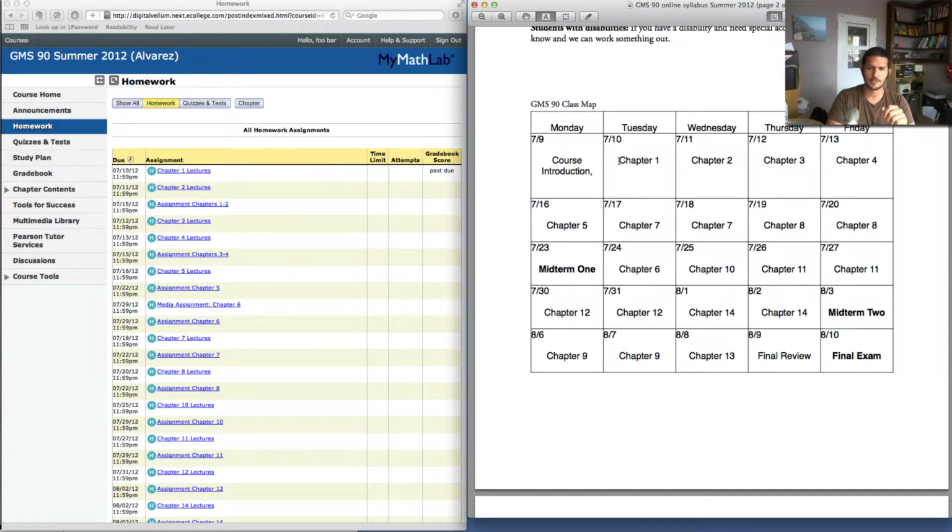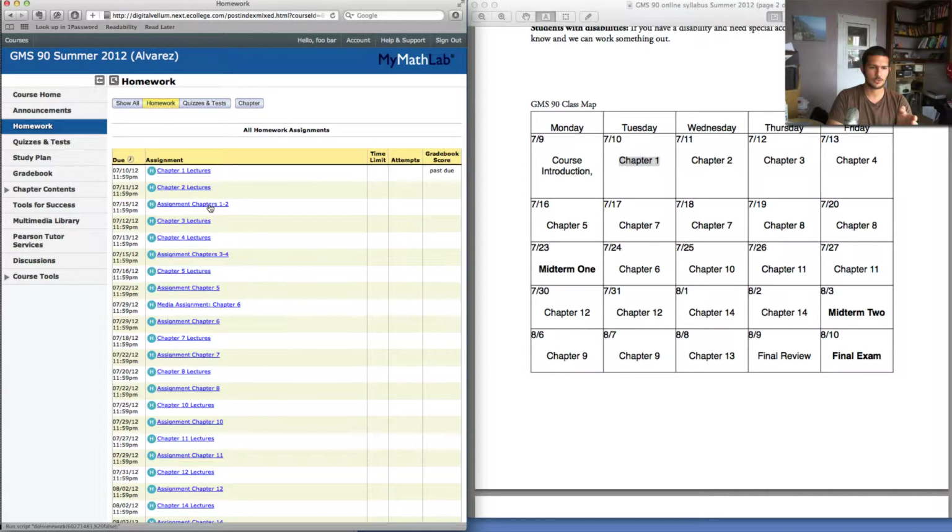And so the best thing to do is see how every day you have your class map here. So on Tuesday you should be working on chapter 1, Wednesday chapter 2, Thursday chapter 3, Friday chapter 4. So basically by yesterday you should have done chapter 1, which means, since this assignment is chapters 1 to 2, you should have had at least 50% of chapter 1 done.